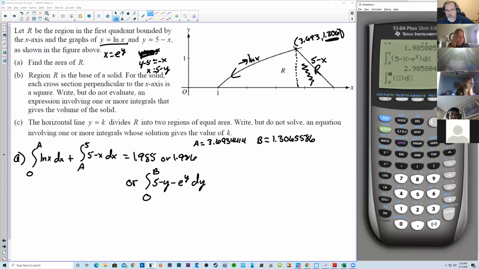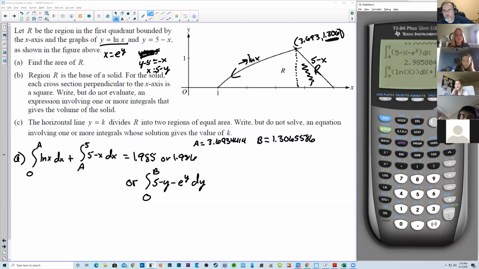Let's just do natural log of x. It was the same. I did it this way last period, and it was the same answer. So math number 9, x to 5 of 5 minus x dx.